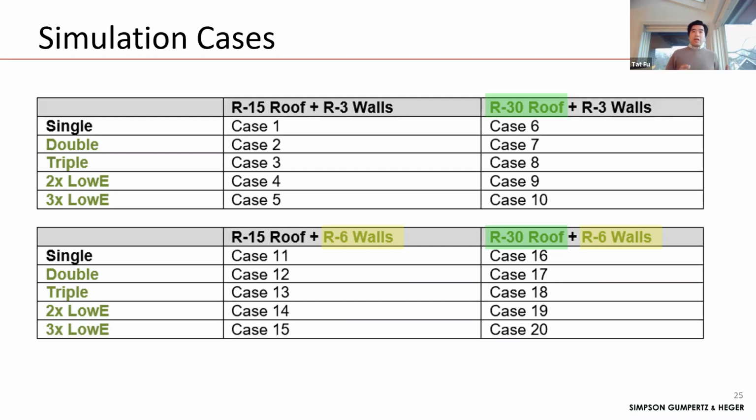The first 5 cases are the same building, R15 roof, R3 wall, with case 1 the single pane, so the existing building. Then cases 2 to 5 are double or triple pane, or double or triple low-E coating. Cases 6 to 10 are the same 5 window configurations, but with the roof upgraded to R30. Cases 11 to 15 upgrade the wall from R3 to R6. And the last 5 cases upgrade both the roof and the wall. Next slide, please.